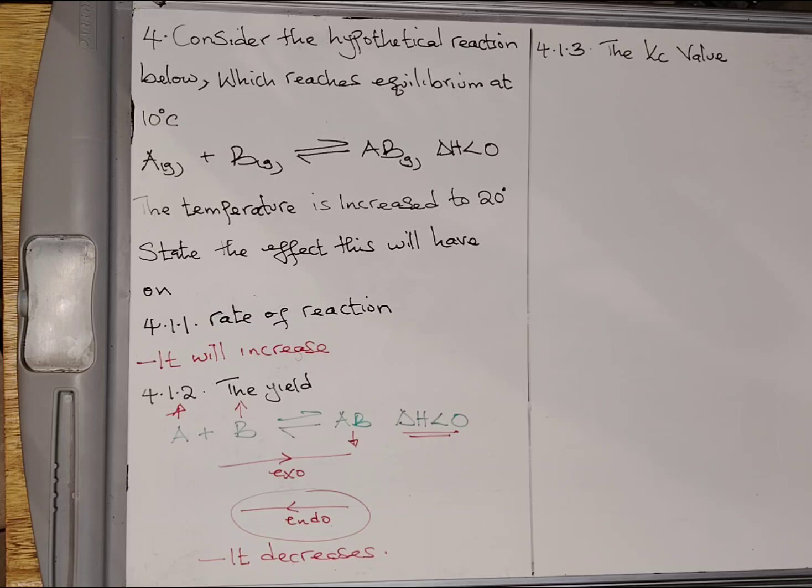If the reaction is exothermic, increase in temperature decreases Kc, and decrease in temperature increases Kc. If the reaction is endothermic, increase in temperature increases Kc, and decrease in temperature decreases Kc. So what do we say? The reaction is exo. If it's exo, and the temperature has increased, what will happen to the Kc? It will decrease.